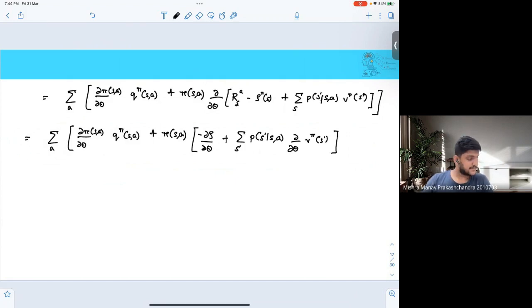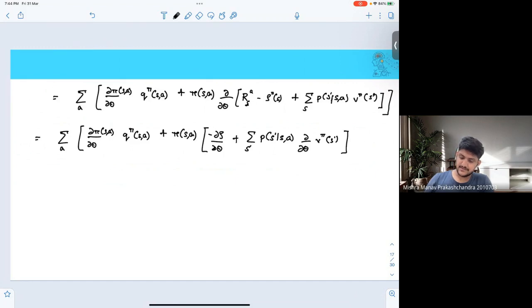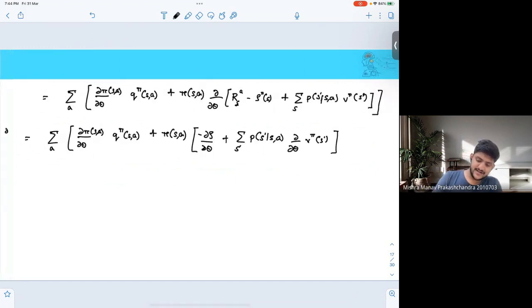On the left hand side also it was d by d theta of v pi s. Okay, once I have that, I just take d rho by d theta on the left hand side and take everything else on the right hand side.